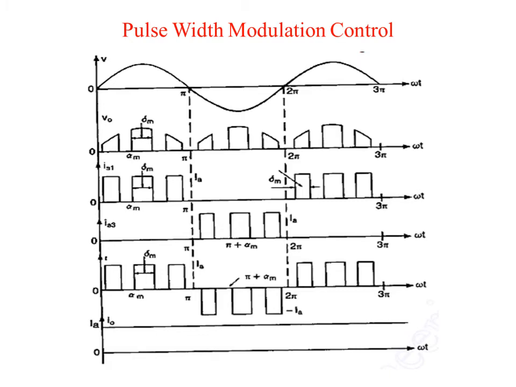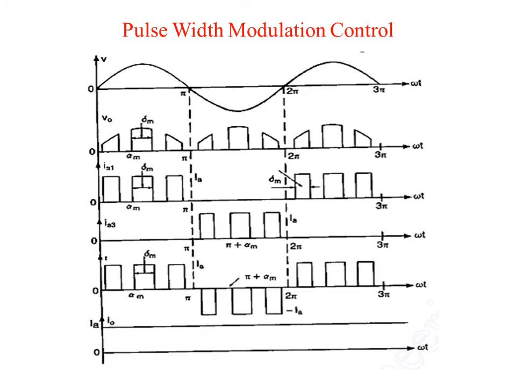So, in pulse width modulation control, the converter switches are turned on and off several times during a half cycle and the output voltage is controlled by varying the width of pulses. The shortcoming of the extinction angle and symmetrical angle methods is that only one pulse is generated at a time.